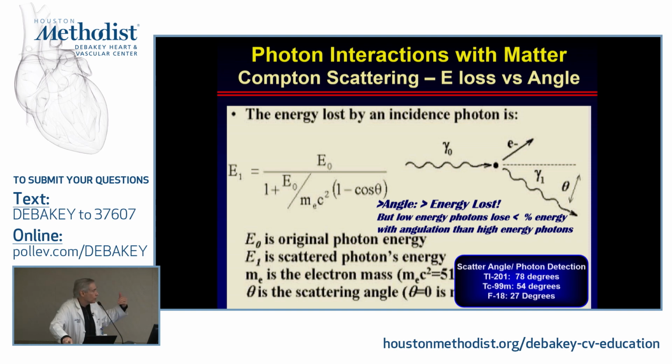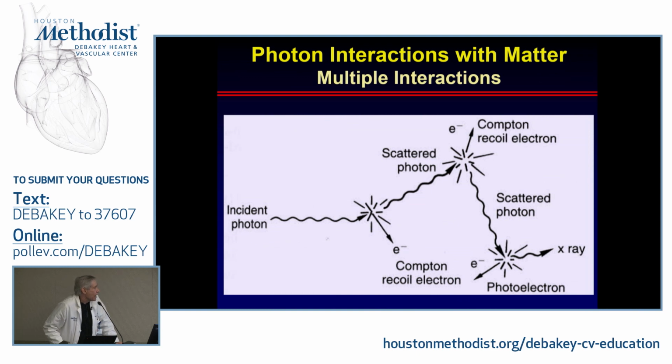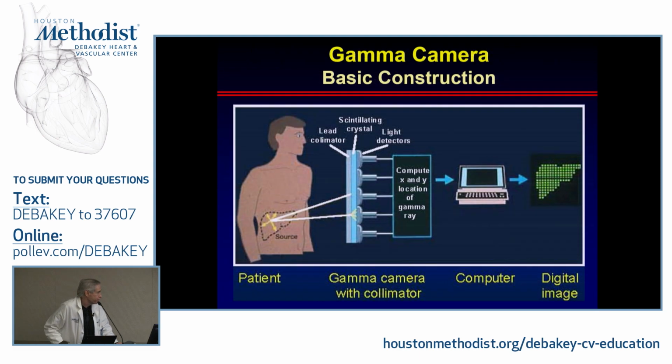So it's important to keep in mind the issue of Compton scattering, and also the type of radiopharmaceutical you're using and the intrinsic energy of the radiopharmaceutical. And the other thing about Compton scattering, it's not just one scatter, you can have multiple scatters. And with every scatter you have a different loss in energy, a cumulative loss in energy. But this can cause a lot of degradation in terms of image quality if these kinds of photons are acquired.